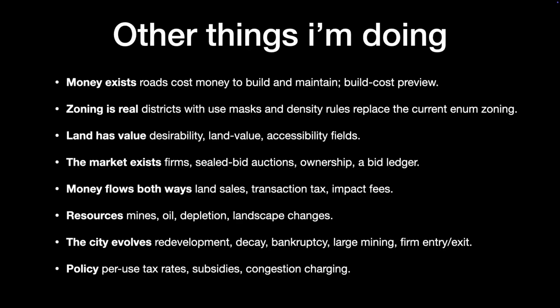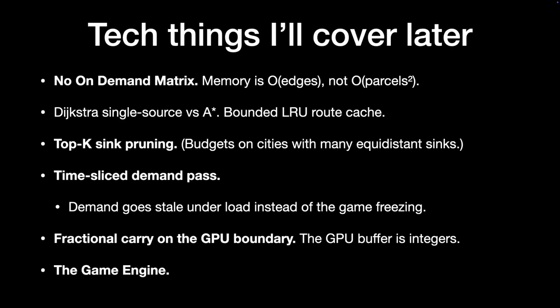So, some other things I'm doing. Again, these are just some bullet points. I will go into these in other videos, but I want to talk about it now, get people excited, and give you a look behind the curtain. Here are some techie stuff that I also want to cover, not right now, but I'll cover these later.